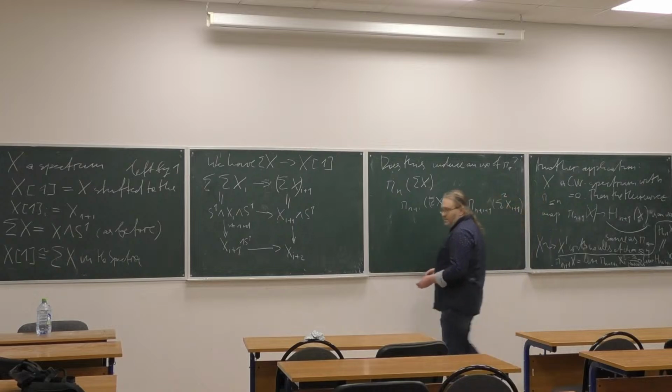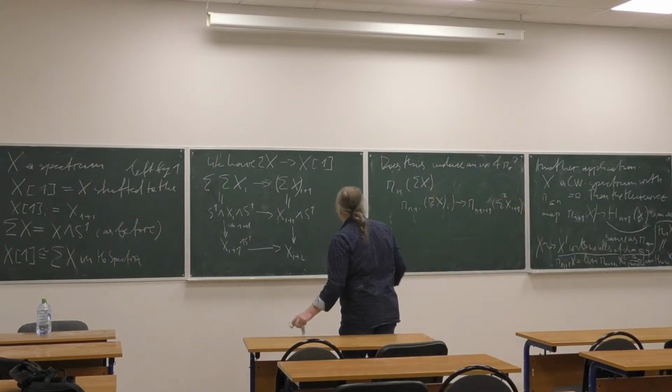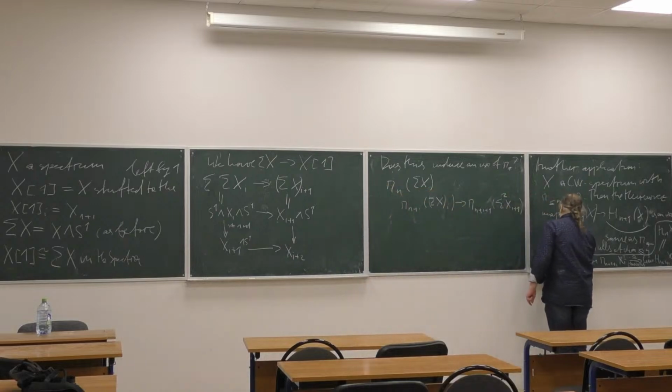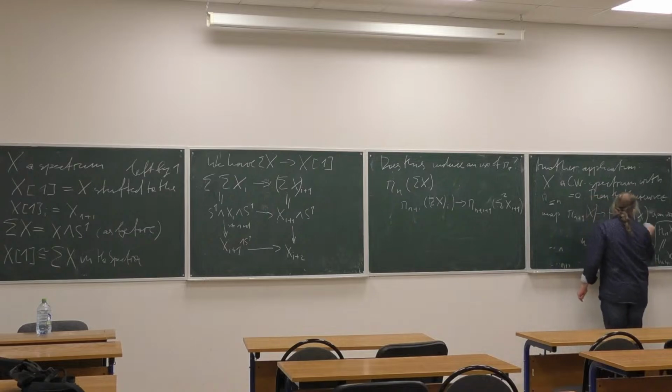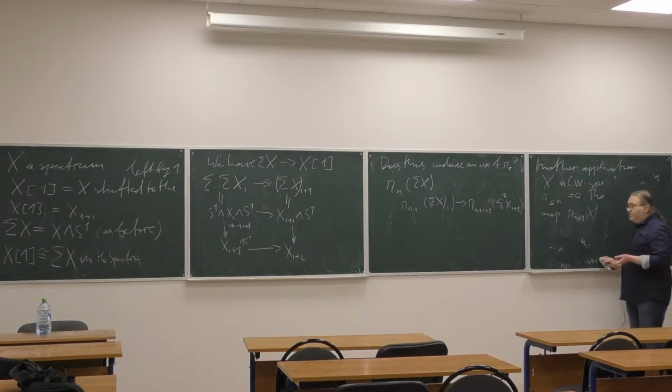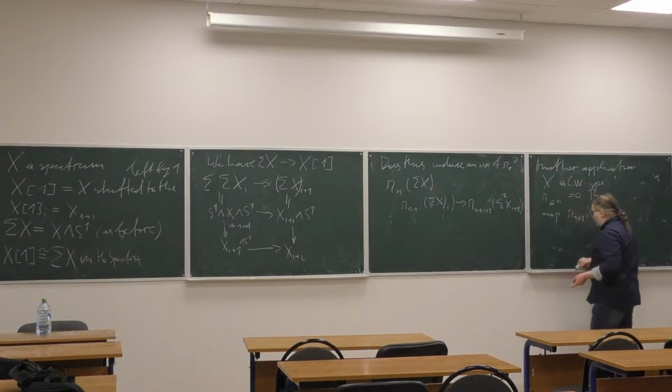Okay. So I want to write the recipe for calculating both homotopy groups, and then by looking at the result, I want to conclude that the result is exactly the same.